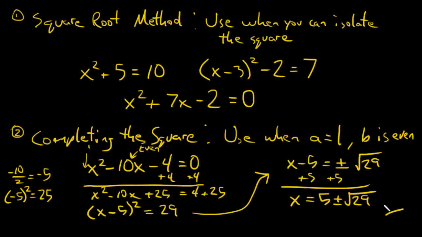Now, when do I use the quadratic formula? Well, when I don't use the others. I won't lie, the quadratic formula is used the vast majority of the time, 80% in the real world, if not more.